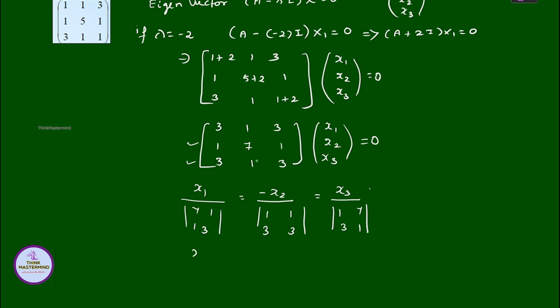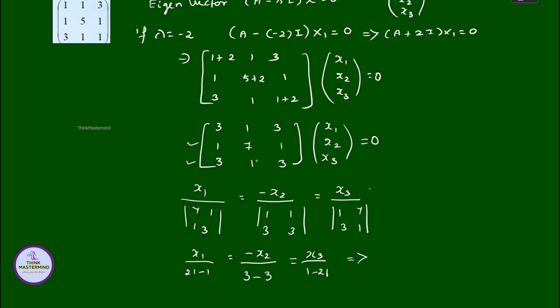That is x1 by (7 threes are 21 minus 1) is equal to minus x2 by (1 into 3, 3 minus 1 into 3), that is x3 divided by, cross multiply, the determinant of the 2 by 2 matrix 1, minus 2, 1.